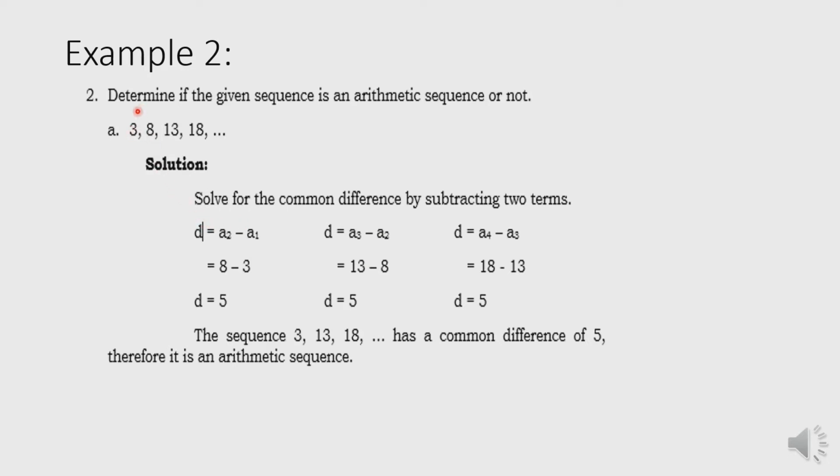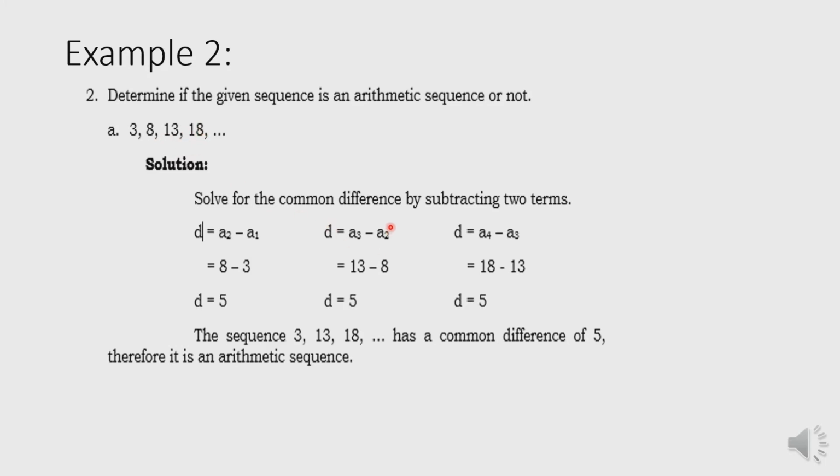This is a sub 1, 8 is a sub 2, 13 is a sub 3, and a sub 4, the fourth term, is 18. If we subtract 18 by 13, you got a common difference of 5, or a difference of 5 between 18 and 13.